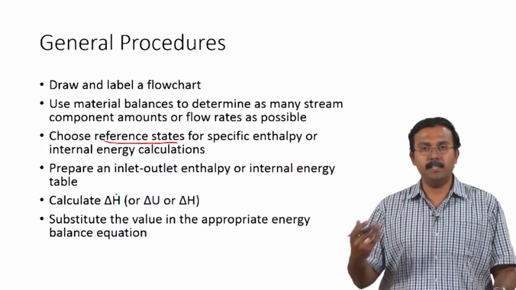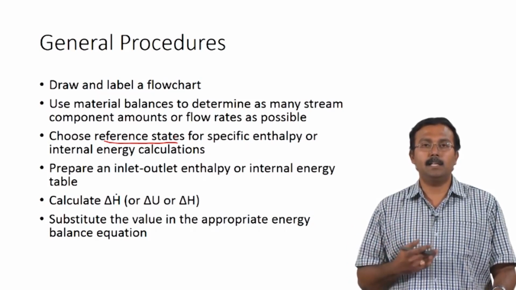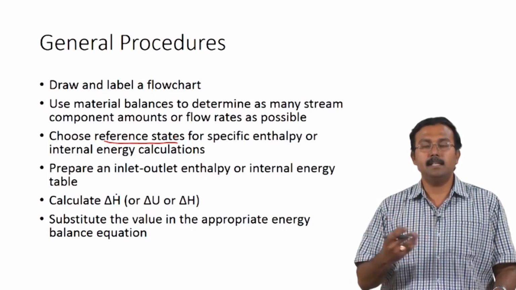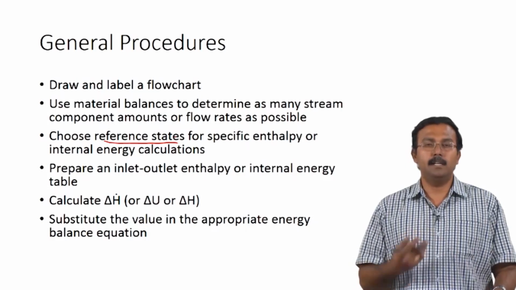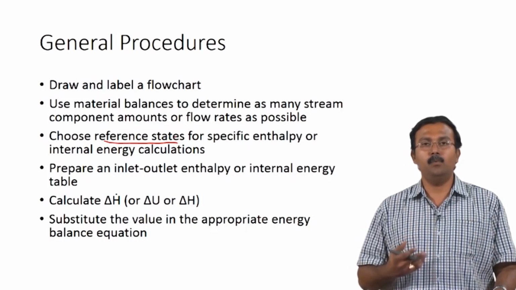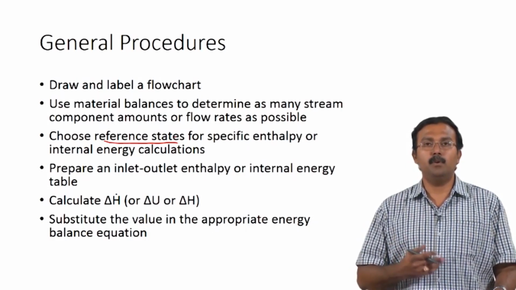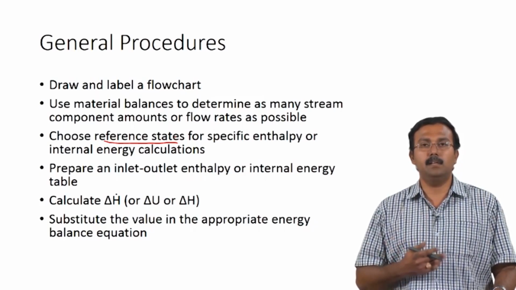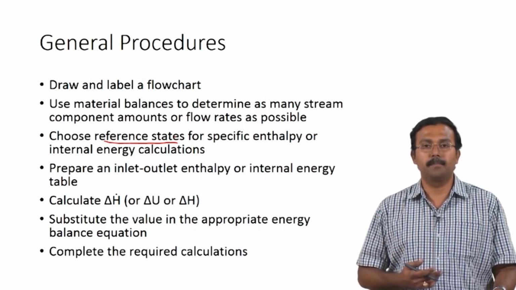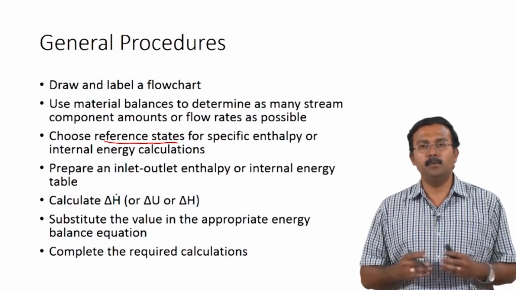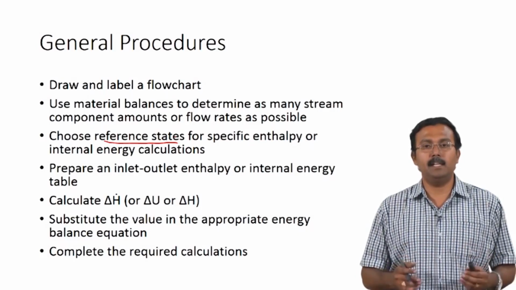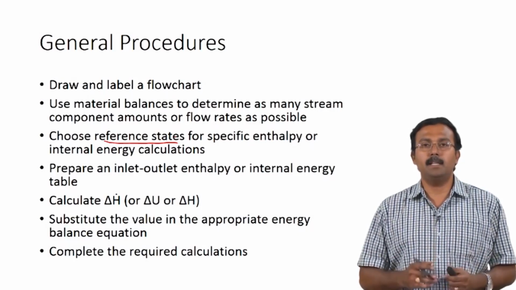If we choose a different set of reference states, then we can actually intrinsically account for the heat of reaction. We will look at how we can do that. We will talk about the two techniques which can actually enable us to do either of them. So, once we finally do all this, we will be completing all the required calculations to obtain the parameters which we are looking for.